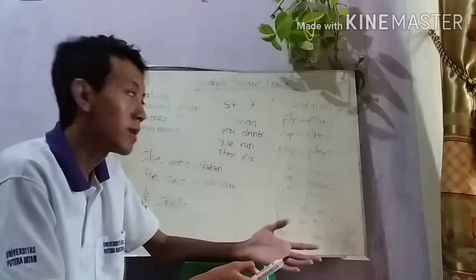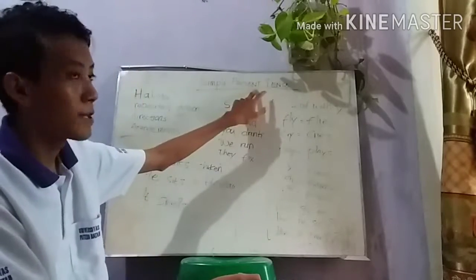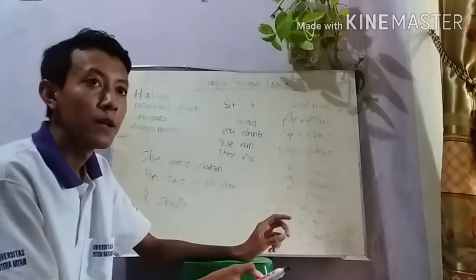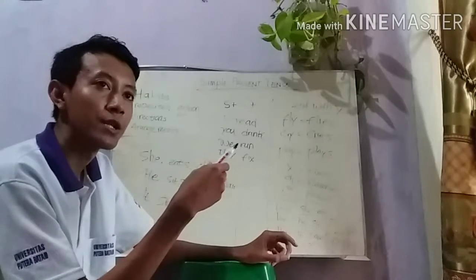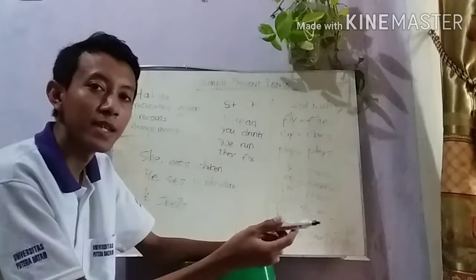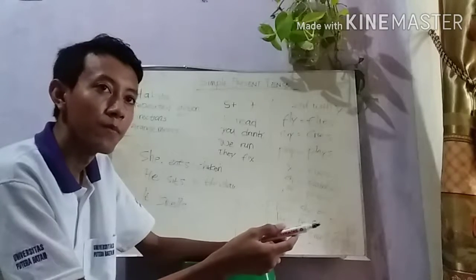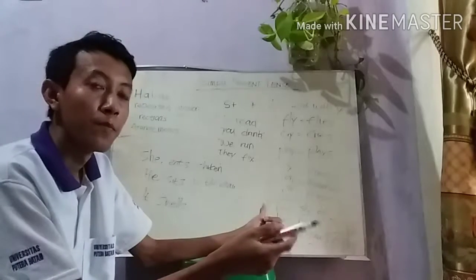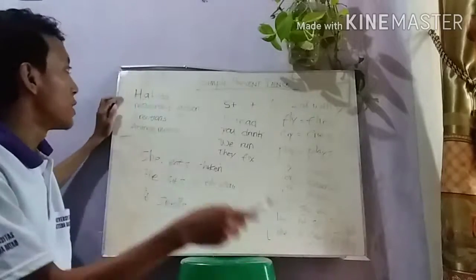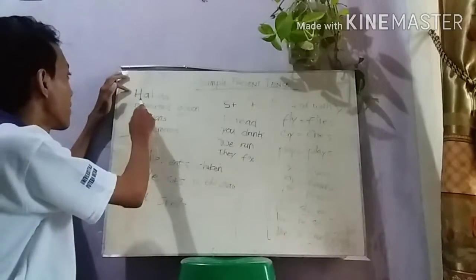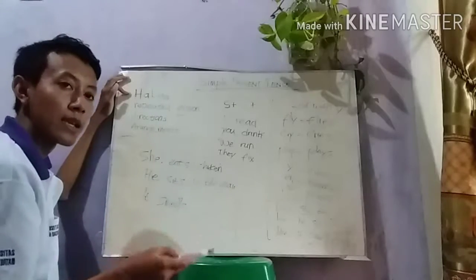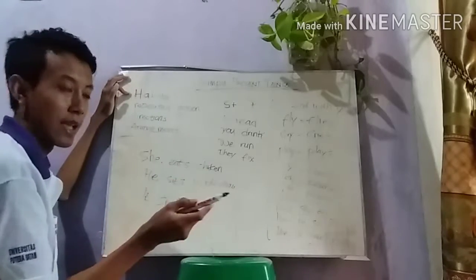So what can we conclude here? In conclusion, simple present tense is one of the 16 tenses in English we should know, because this is the base form. We use the simple present tense to express habits, like I brush my teeth every night.